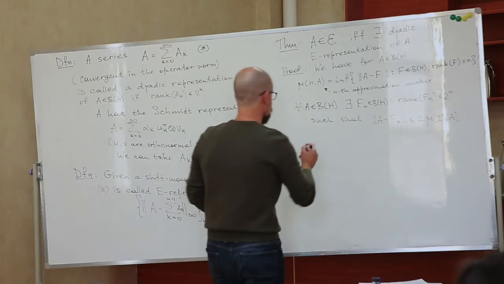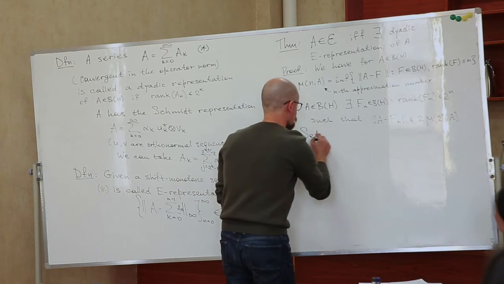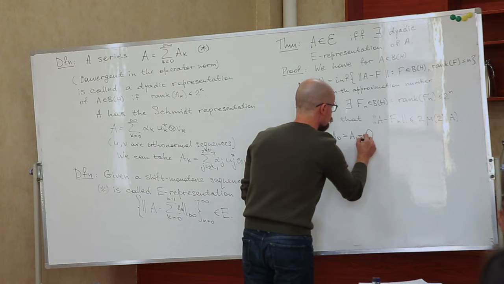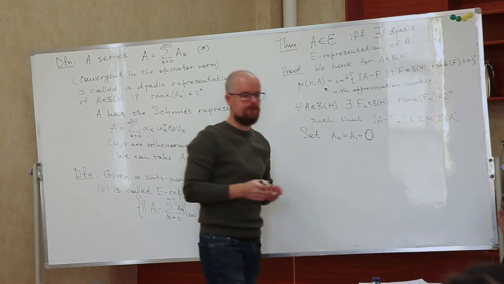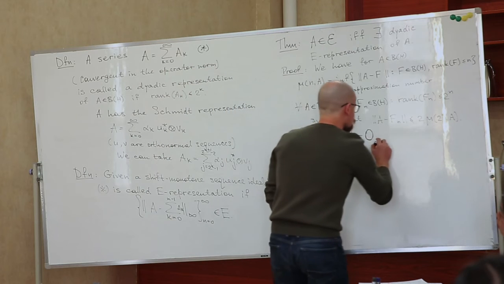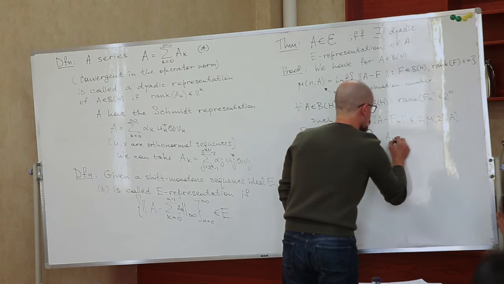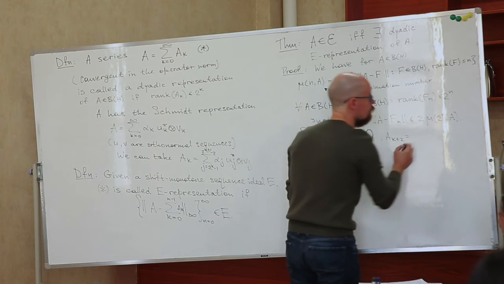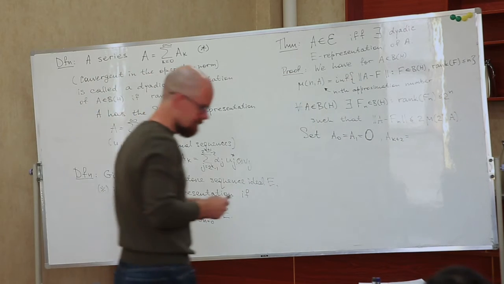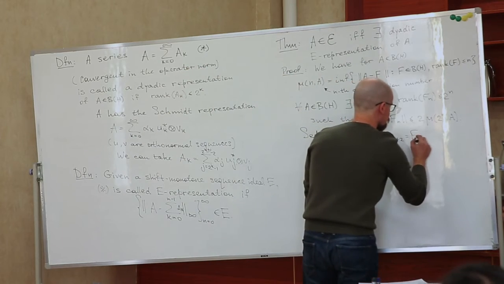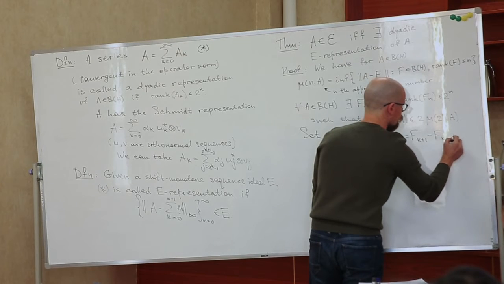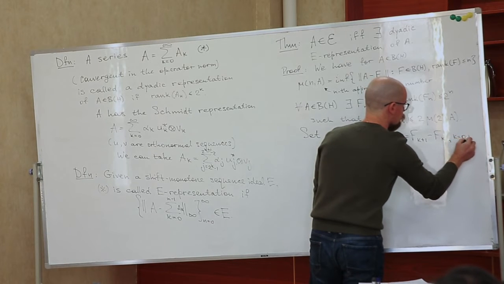Now, F_0 should be 0, A_1 should be 0, the fancy 0 is a 0. And then we take A_{k+2} equal to F_{k+1} minus F_k for every k equal to 0, 1, 2, and so on.